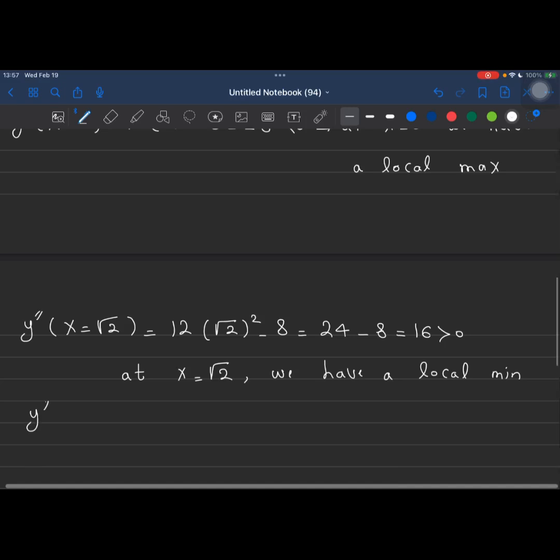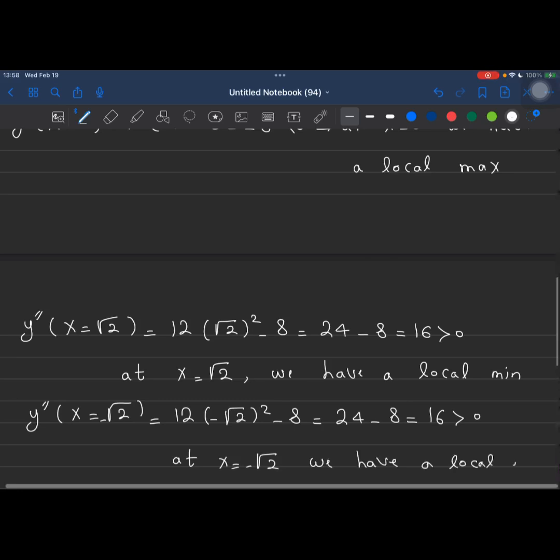And then finally, at x equal to negative root 2, we get 12 times negative root 2 to the power of 2 minus 8, which is going to be again 24 minus 8, and that's 16, and that's greater than 0. So then you say at x equal to minus root 2, we have a local minimum.